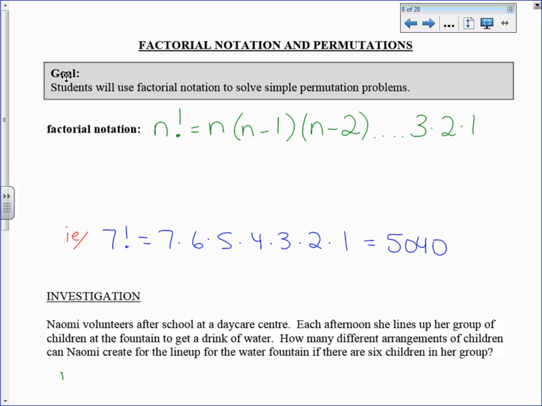Or, on your calculator, find the math button and push it. Then you're going to arrow over to probability.